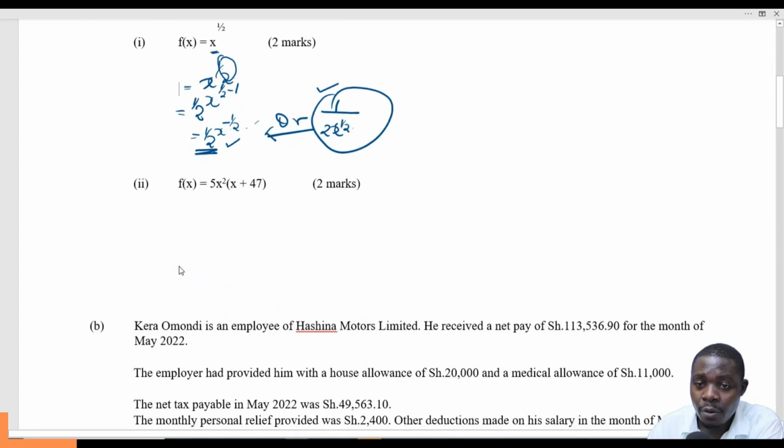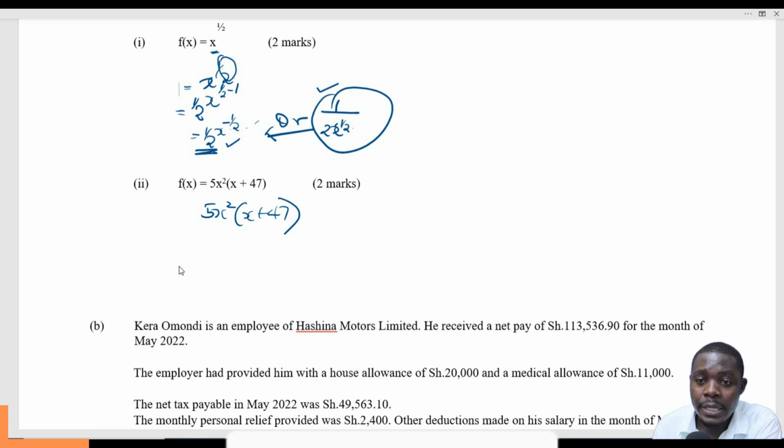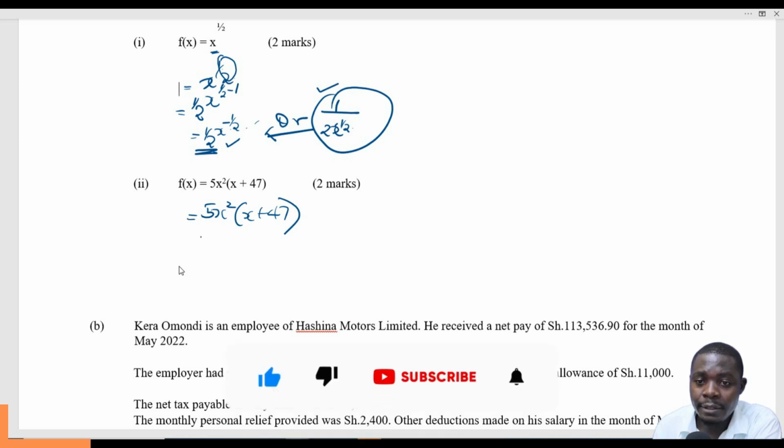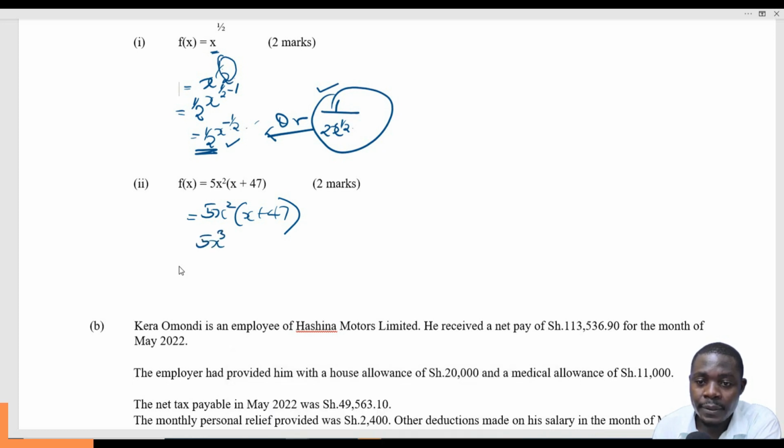And when you look at Roman 2, f of x, you have 5x squared into x plus 47. Now we can try to compute this or factor this. We open the bracket, writing that 5x squared multiplied by x, you get 5x cubed plus 47 multiplied by 5.